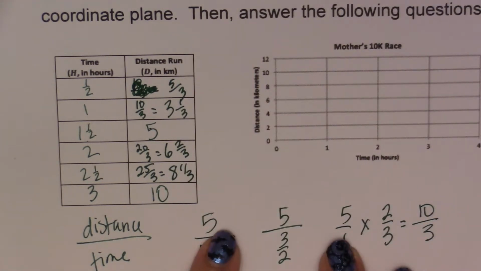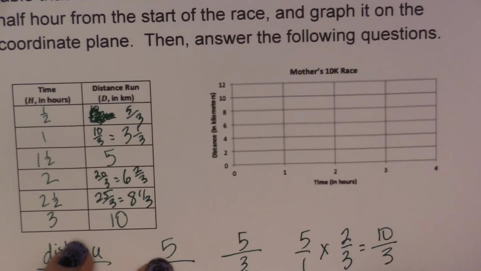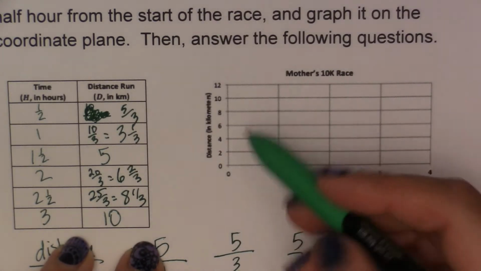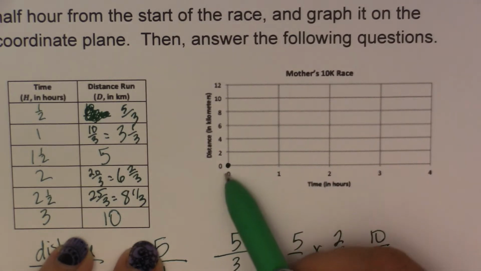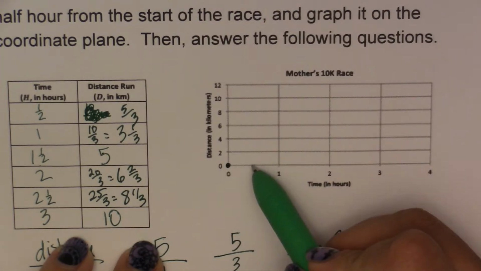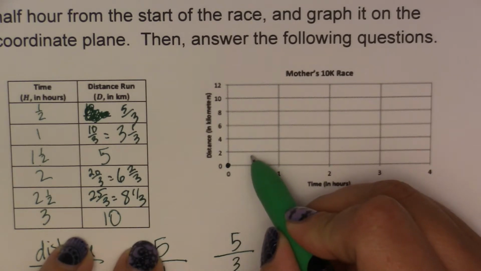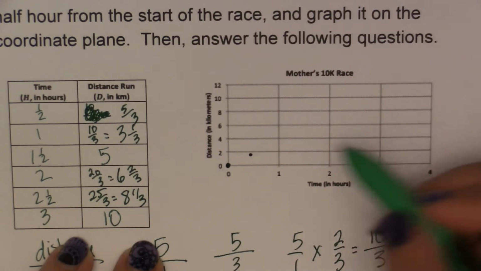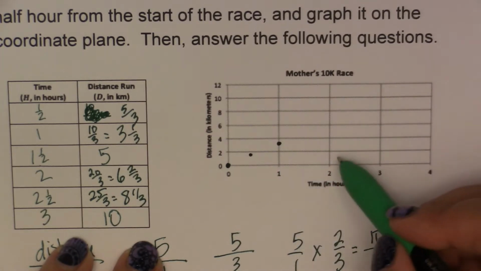Now that I have my table filled in, I can go and graph on the coordinate grid or coordinate plane. All right, so if mom doesn't run at all, she goes nowhere. And then a half an hour, and then up to 5/3, which is like 1 2/3, so just below that 2 line. At 1, she's at 3 1/3. And when you're doing these, just get as close as you can.